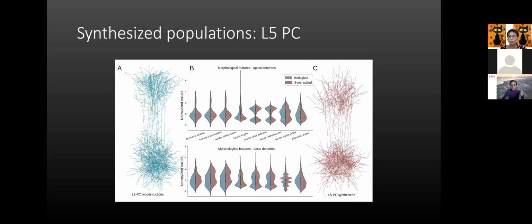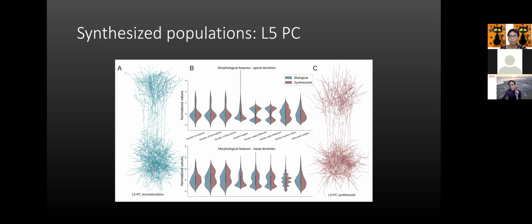You can also reconstruct a population from a population. So here we had a whole population of layer 5 pyramidal cells that had been reconstructed in the lab, recorded by the PhD students. And then a whole population of neurons that were synthesized from the barcodes of these.